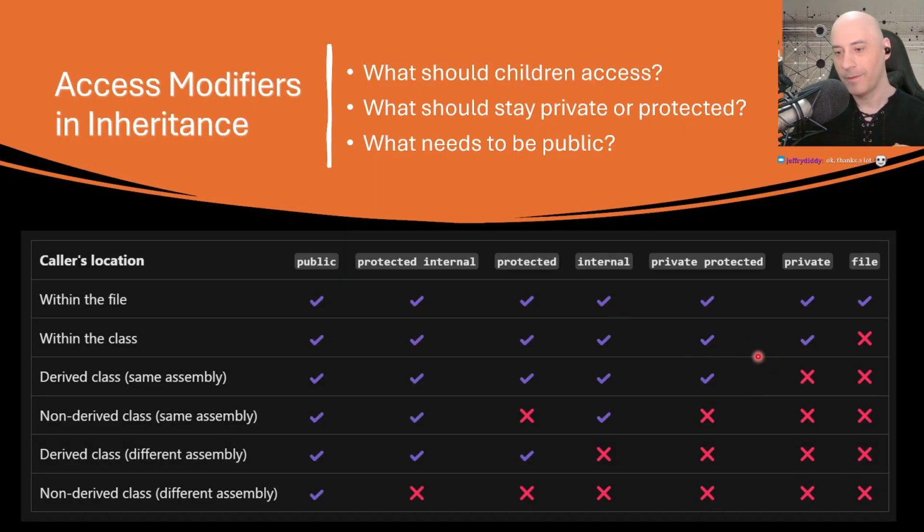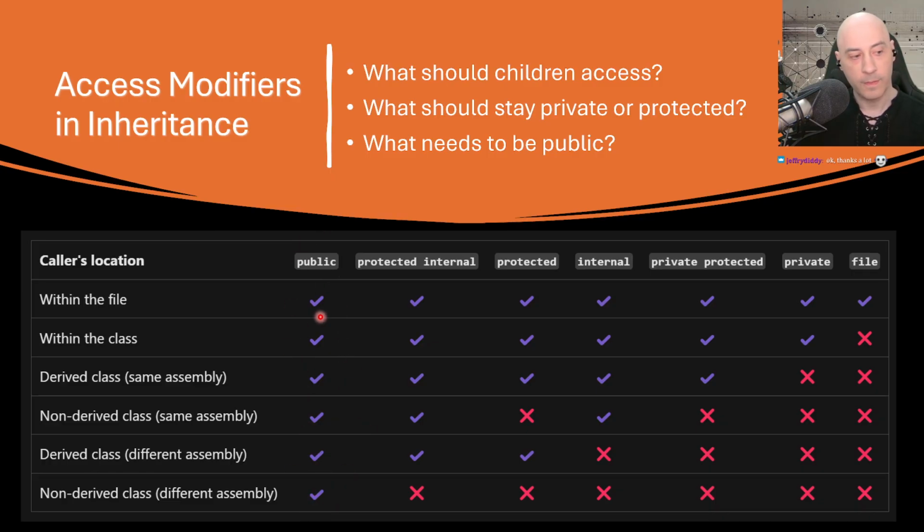So there are different access modifiers that help us with inheritance. What we need to figure out is what should children access, what should stay private or protected, or maybe some of these others like protected internal, private protected, and what needs to be public. So public, as we've known from the beginning, is the most access you can possibly have.